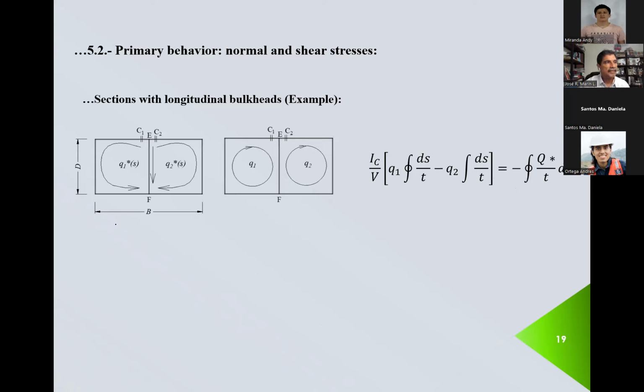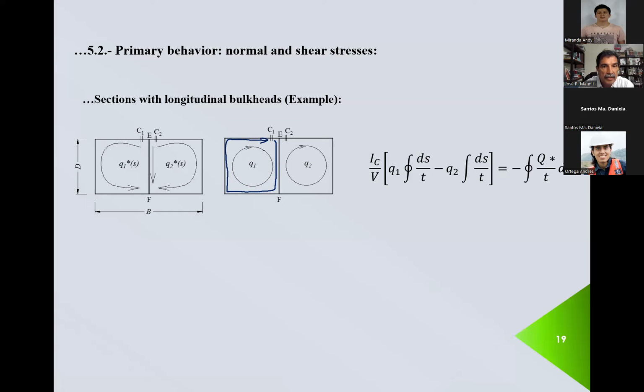For example, this example is briefly described in your class notes. Let's do this integration. We start here, go like this, like this, like this, and like that. The problem is here. Why? Because if I go downwards, this is the direction of the integration, you see that Q1 points positive, right?